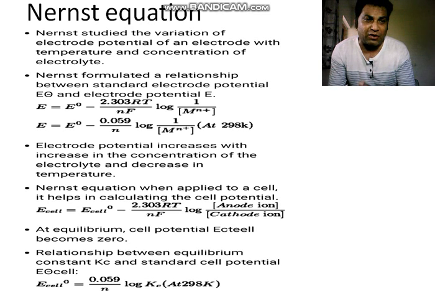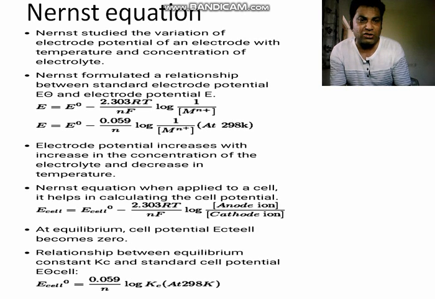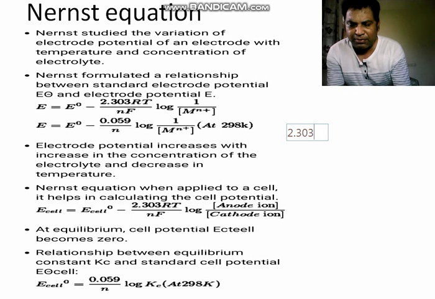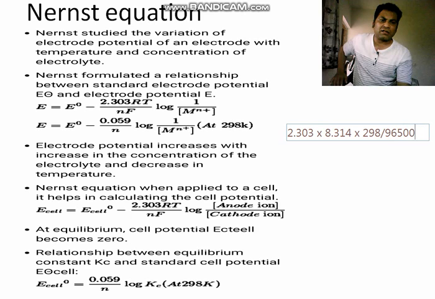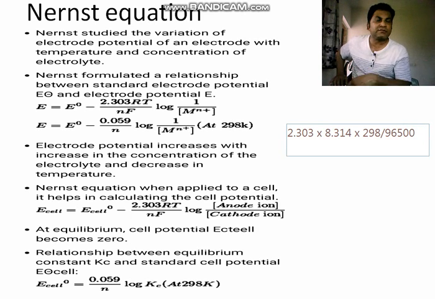Here, in place of R we can put 8.314. 2.303 multiplied by 8.314 multiplied by, suppose we want to take the room temperature, then that is 298. And the entire thing divided by 96500, which is the Faraday constant.